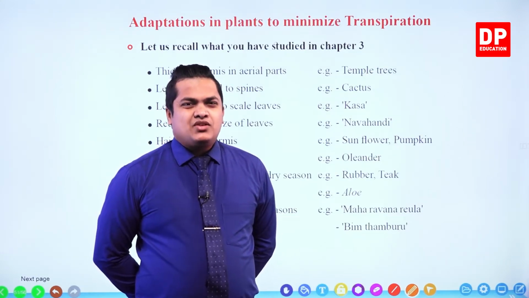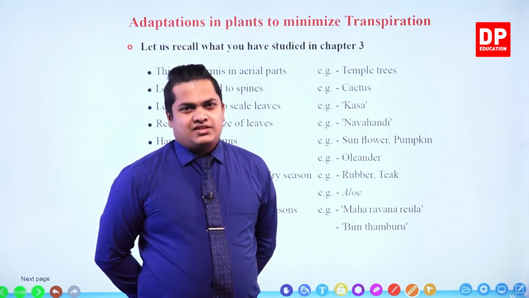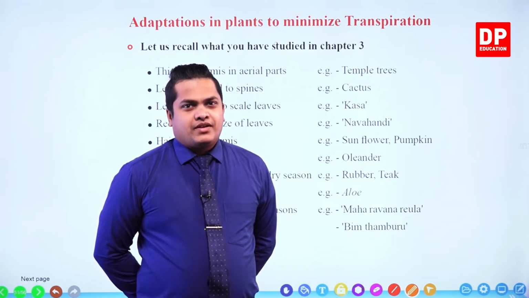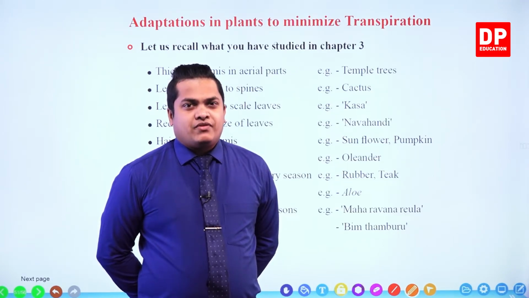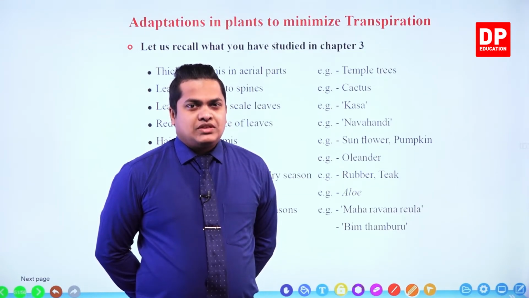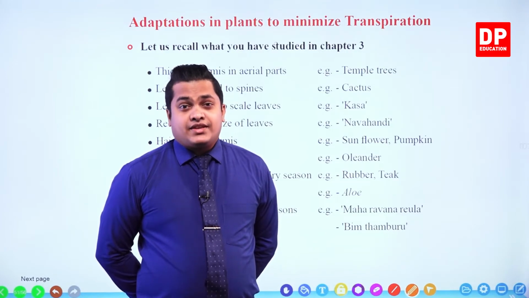The stem helps in doing that. Photosynthetic stem, like daluk and cactus. Daluk is also a type of cactus plant. Cactus does photosynthesis by using the stem. Those stems are referred to as photosynthetic stems.